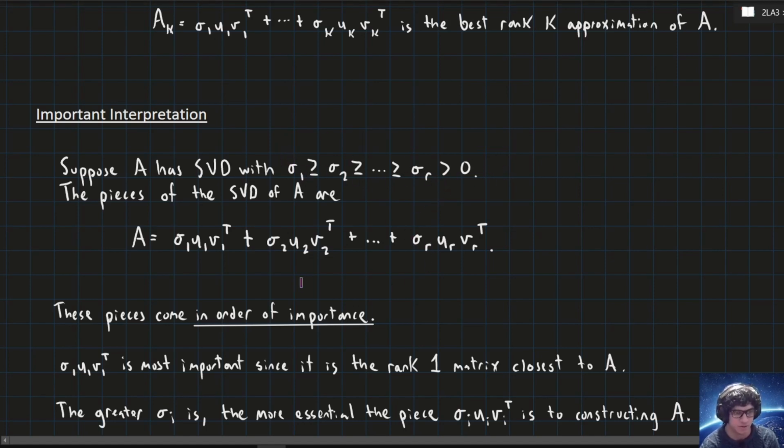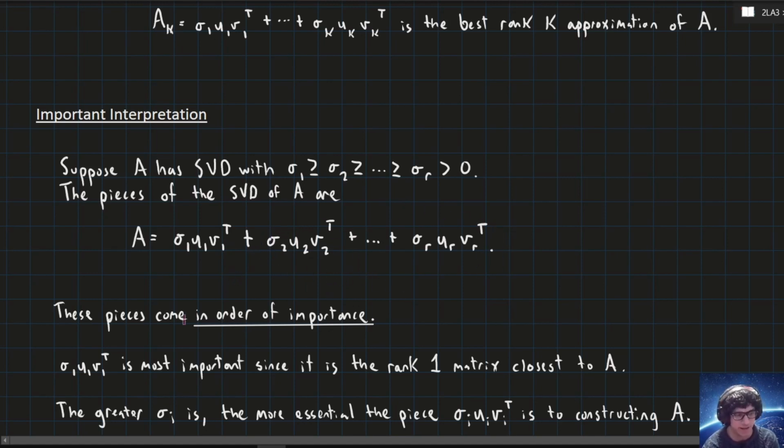So here are the pieces of A. The interpretation of the previous theorem is that these pieces are actually coming to us in order of importance, where the first one is the most important piece. The second one is the second most important, and so on.